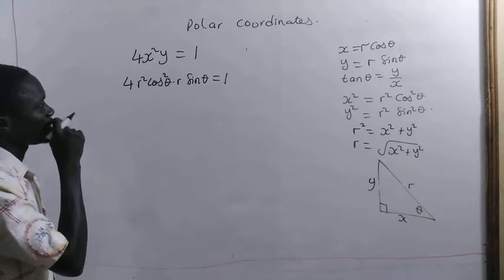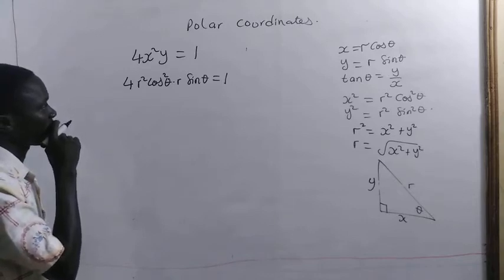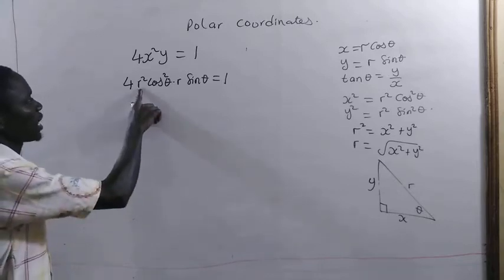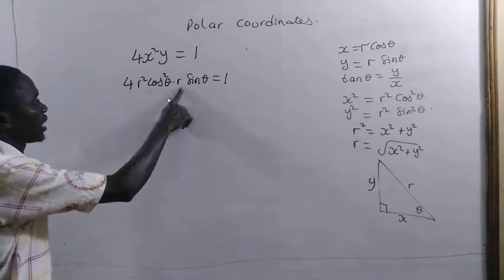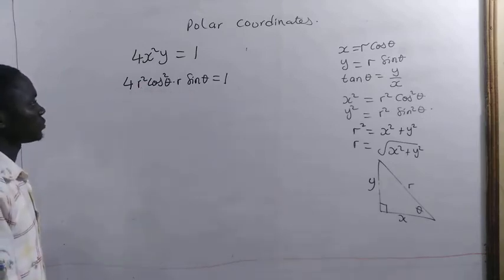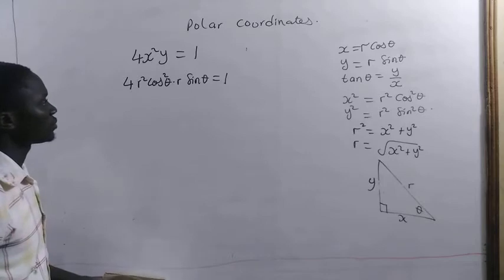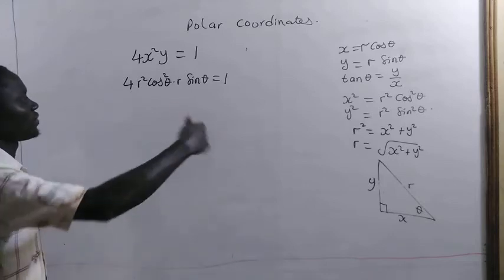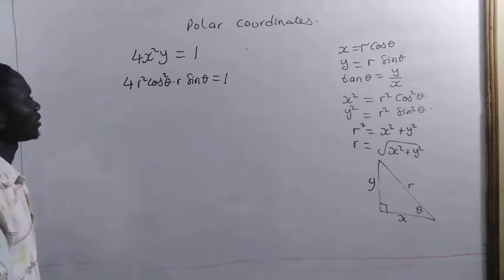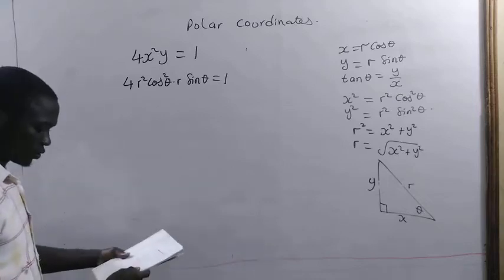Let's see this one, if it will be possible for us. If we multiply r squared by r, we are going to get r cube. Okay, let's do that one and see. If we get r cube, then we can divide this one by that and see what we are going to get.